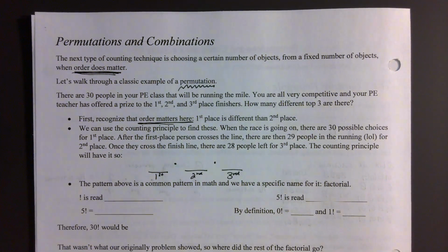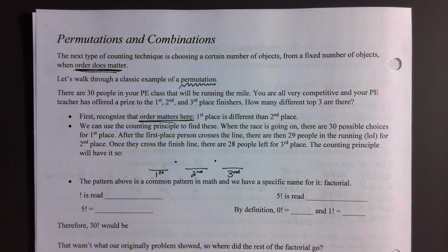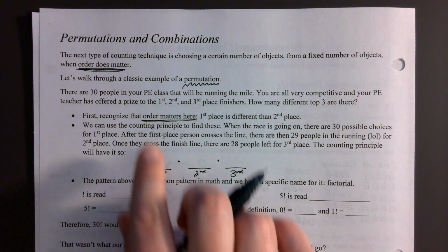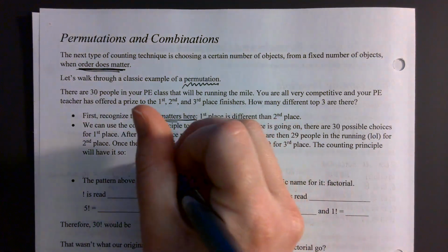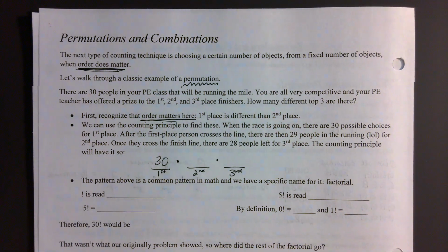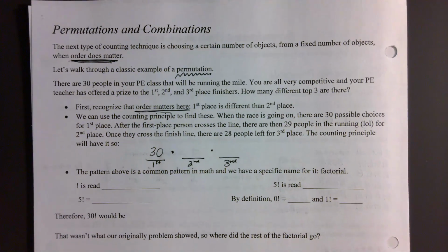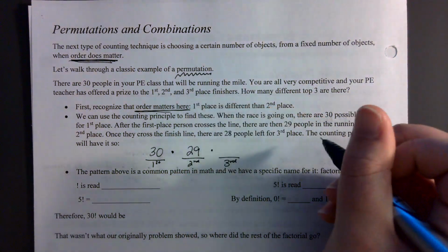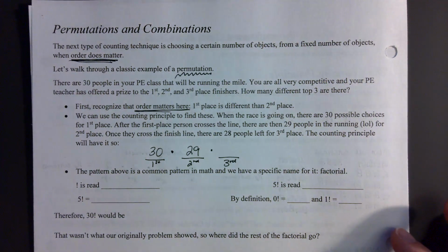So, using the counting principle to find these, for the first place, no one's crossed the line yet, so you still have 30 people in the class that could cross that line first. So there's still 30 different people that could cross. But once one person crosses that line, there's only 29 people left in the running, because we're running a mile.